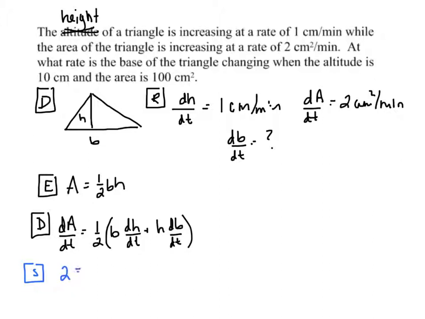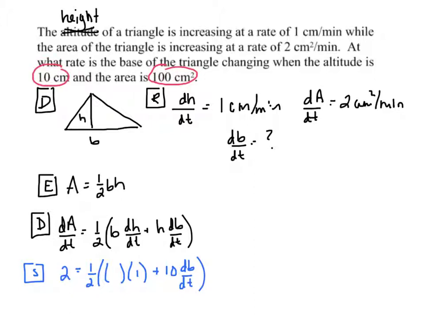2 equals 1/2. I don't know the base yet. Let me just leave that right here. Okay, dH dt though I know is 1, plus the height they told me was 10, and I'm solving for dB dt. So I do need to know the base. How I could do that is I could use the fact that the area is 100 when the height is 10.